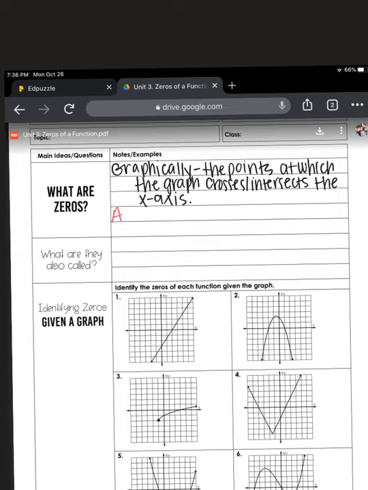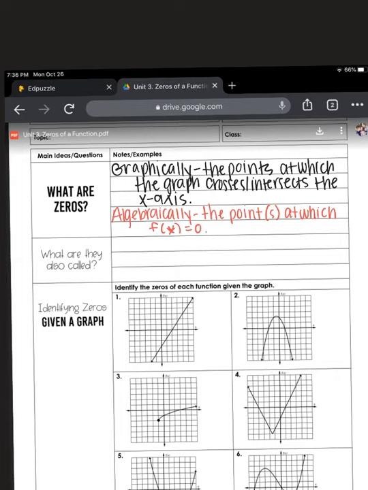If we're looking algebraically, this is the point or the points at which f of x, which we call y, equals 0. So another word for f of x is y. So if y equals 0.